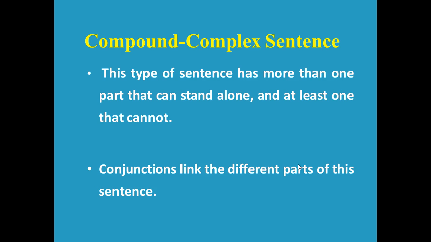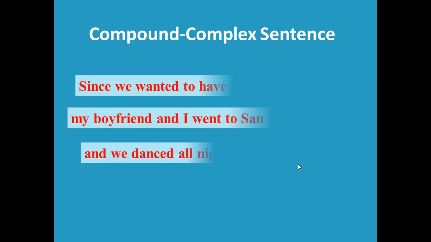Now all of a sudden we have a compound complex sentence, which is a mixture of more than one part that can stand alone and at least one that cannot. So 2 independent, 1 dependent. Conjunctions link the different parts of this sentence.